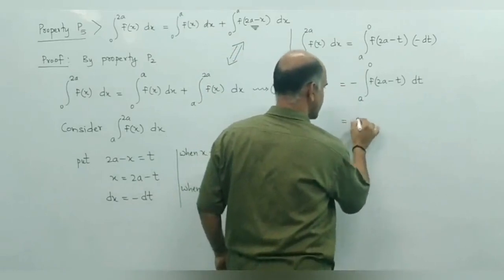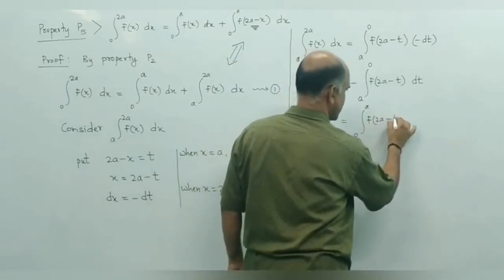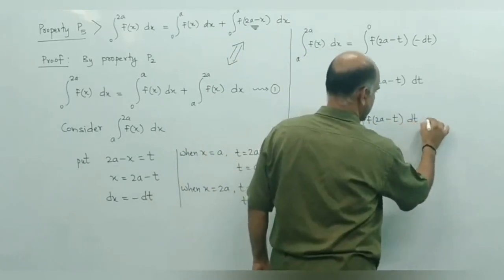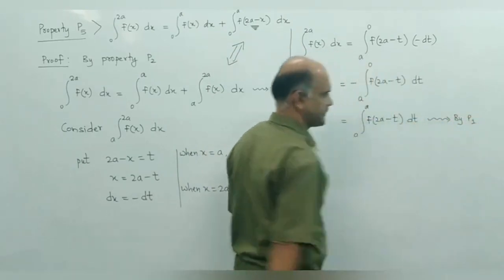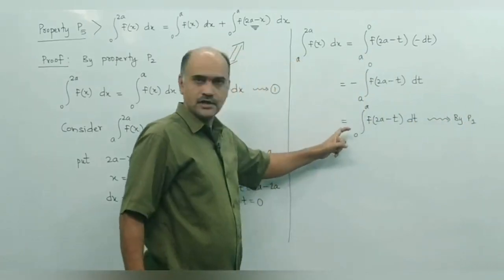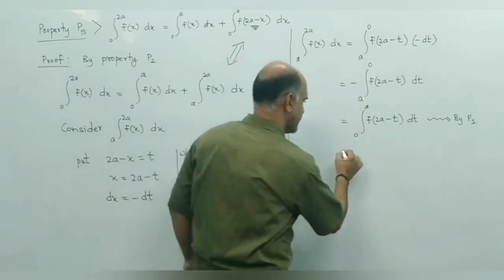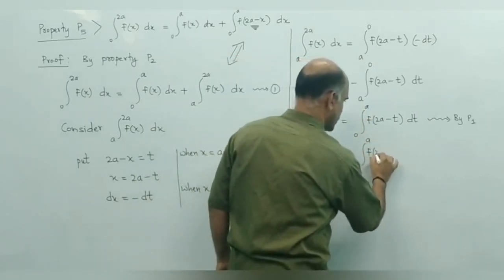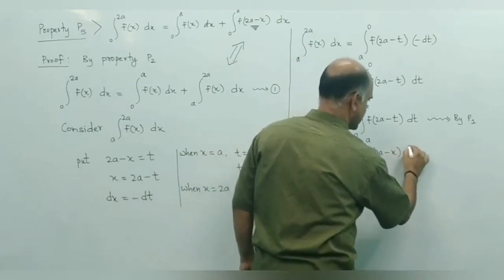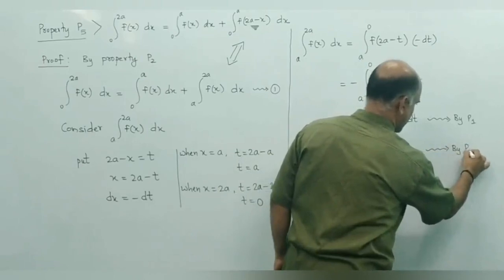So this is equal to 0 to a f of 2a minus t dt by P1. Then by P naught, in place of t, if you write x, value remains the same. So you will have 0 to a f of 2a minus x dx by property P naught.